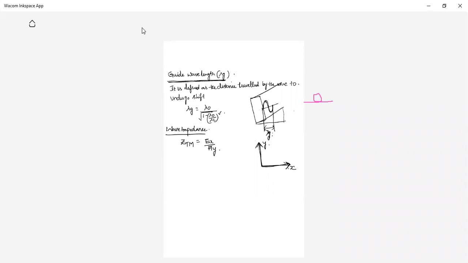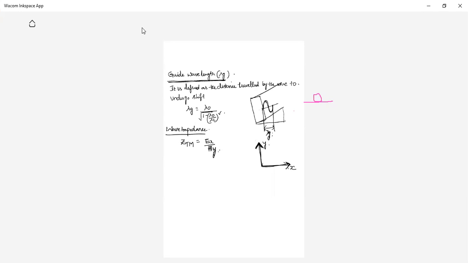So are you getting what wave impedance is? It is the ratio of the strength of the electric field vector in one direction to the strength of the magnetic field vector transverse to the electric field direction. What is transverse to the electric field direction? That is the magnetic field. That's why we write Hy.